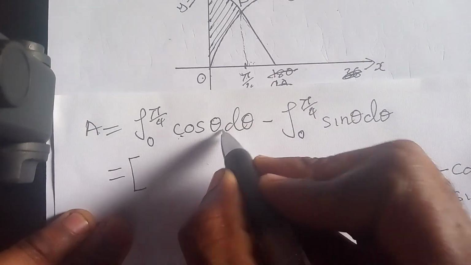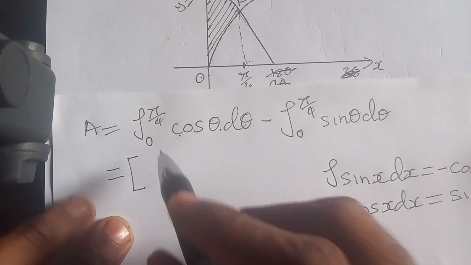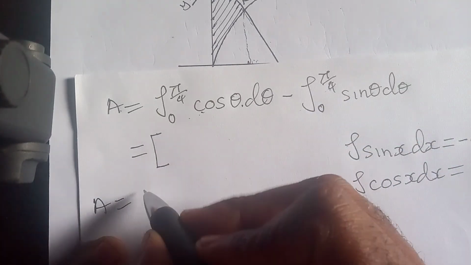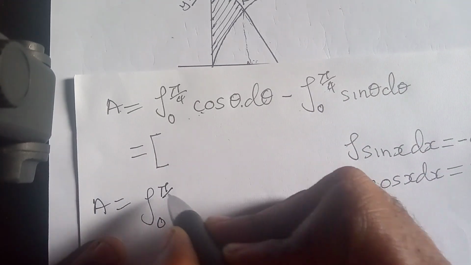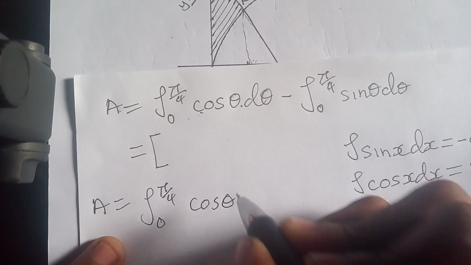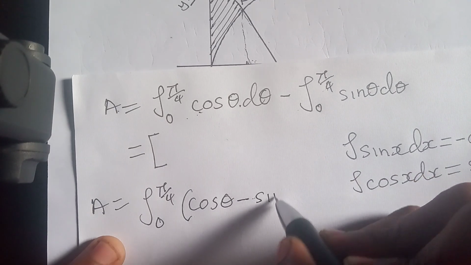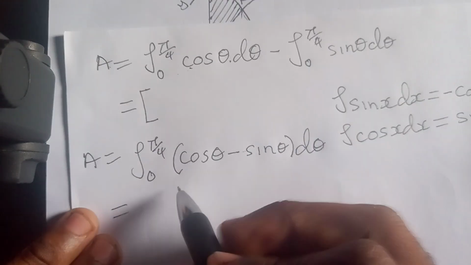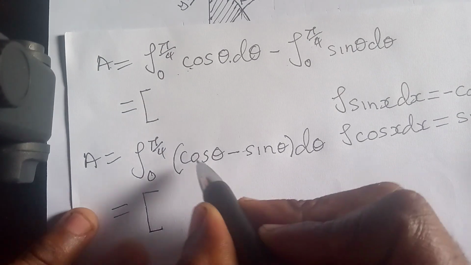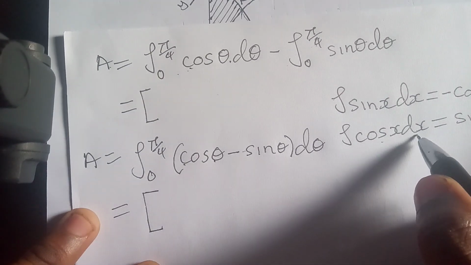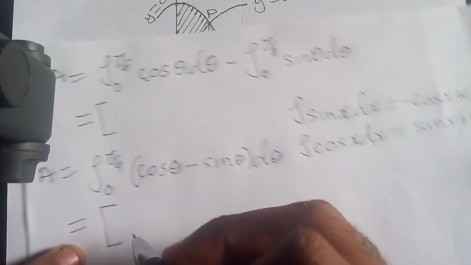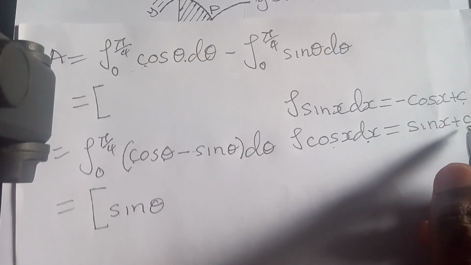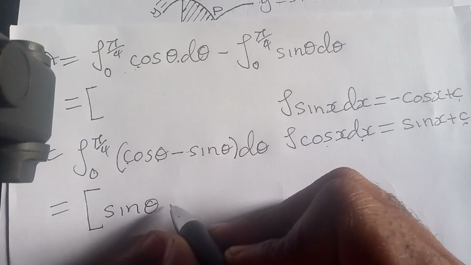So this is like the integral of cos theta. Of course, you can combine them since they have the same limits of integration. Just make sure that you include the brackets. The integral of cos theta is sine theta. You don't need to write the constant because we have limits of integration.